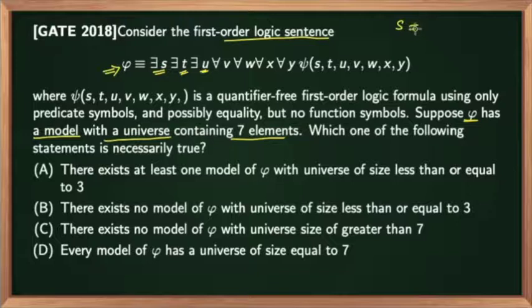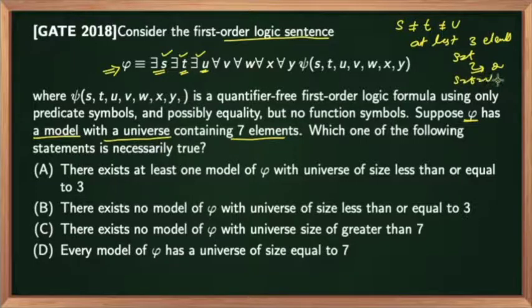So let's assume S is not equal to T and this is not equal to U. Then that means your domain must have at least 3 elements, right? If S is not equal to T and it's not equal to U, right? But if S is equal to T, then you can have your domain to have 2 elements. If S is equal to T is equal to U, then you will have a model of one element, right?